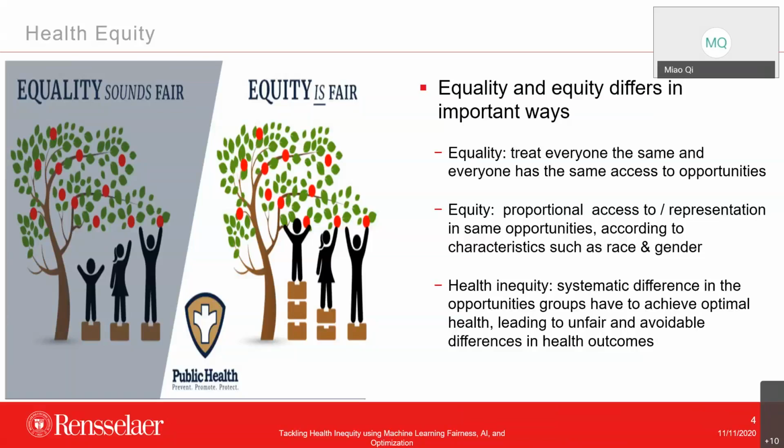So in my research, I focus on health equity instead of equality. According to the WHO, health inequities are defined as the systematic differences in the opportunities that groups have to achieve optimal health, leading to unfair and avoidable differences in health outcomes.